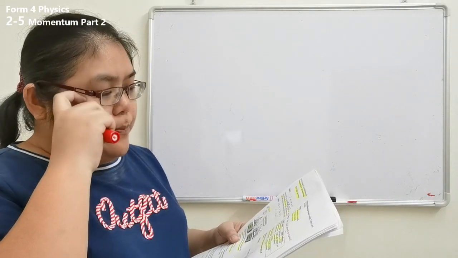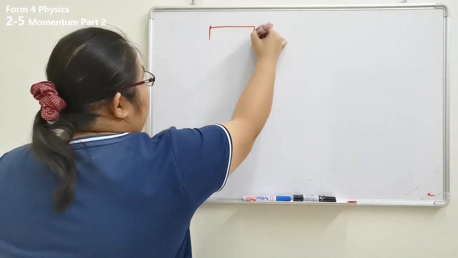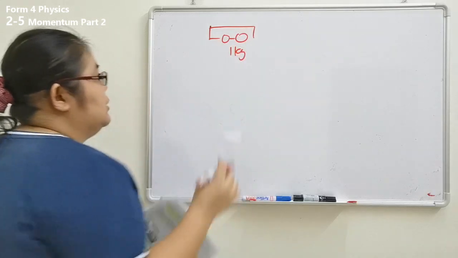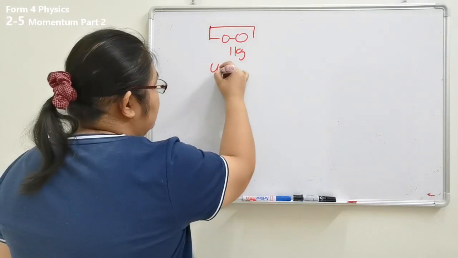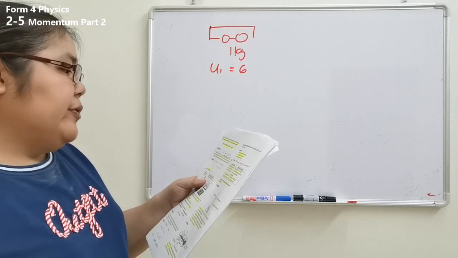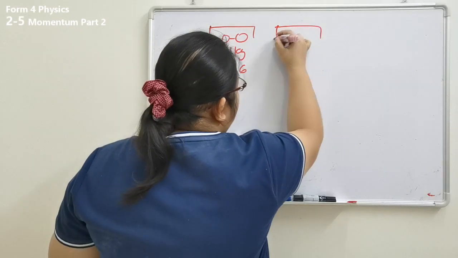A trolley of mass 1 kg, draw. A trolley of mass 1 kg is moving with the velocity U1, 6. It collides with a stationary trolley. So now another trolley.